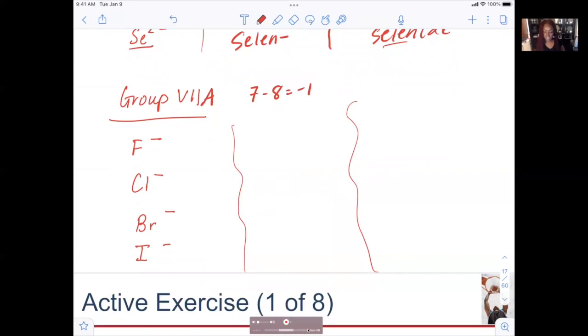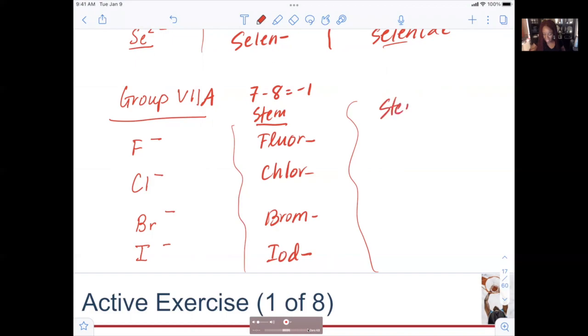Okay. Next thing is looking at this list here. For fluorine, the stem word is fluor. For chlorine it is chlor. For bromine it is brom or brome. And then iodine is iod. Okay, so remember, to get the anion name, you're going to use the stem-ide format.